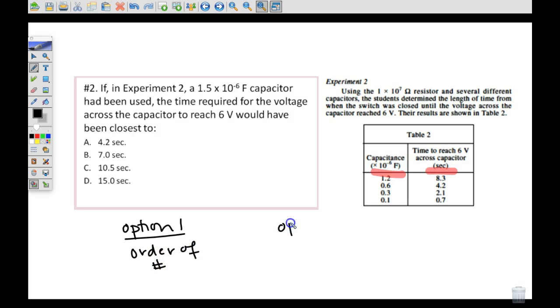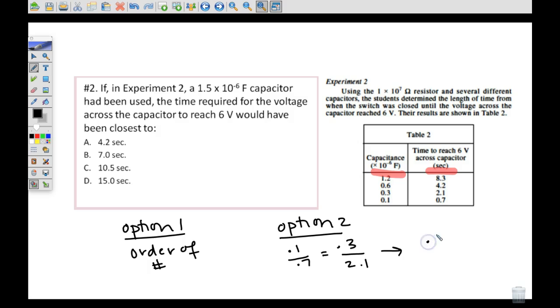Or option 2 is that you might have been able to tell that there's a ratio. So we have 0.1 to 0.7, so 0.1 capacitance to 0.7 volts. And that's actually the same as 0.3 capacitance to 2.1. So what we can do is set up a proportion.